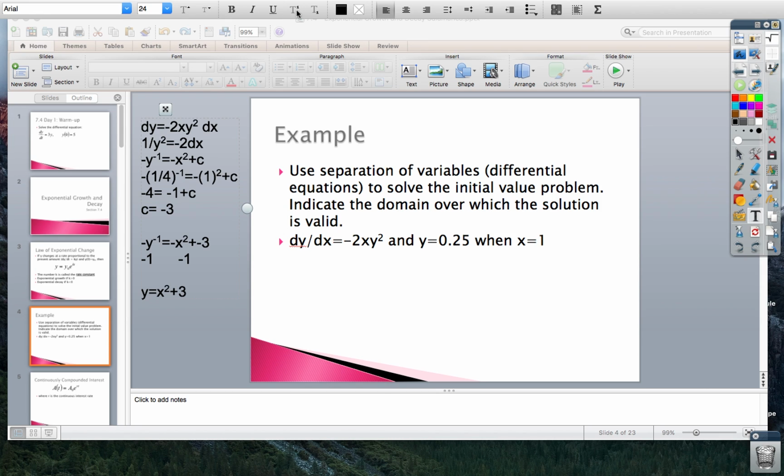But that y was to the negative first power. So because that's an inverse, we can flip the other side and basically have y equals 1 divided by x squared plus 3. And so first we found the initial value so we could find c, and now we know that this is the domain.